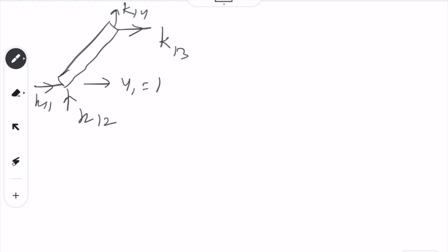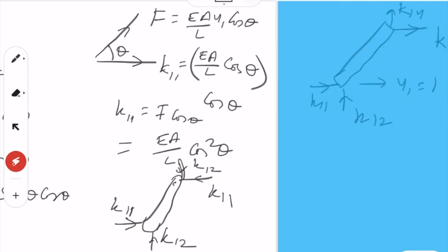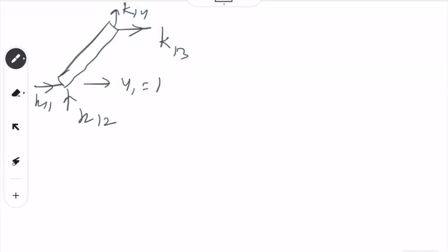But if you look at the equilibrium condition, then this and this magnitude will match, but direction will be opposite. Similarly here, and we can also write basically this way also.